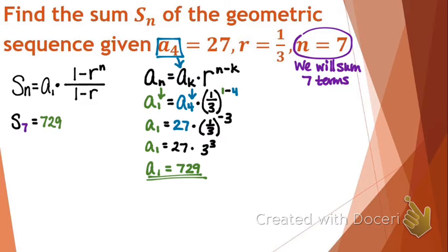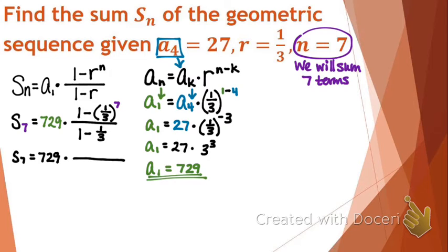729 times, what do I have in my numerator? 1 minus 1/3 to the power of 7 over what? 1 minus 1/3. So the sum of 7 terms is equal to 729 times, how is the denominator going to simplify? 2/3.